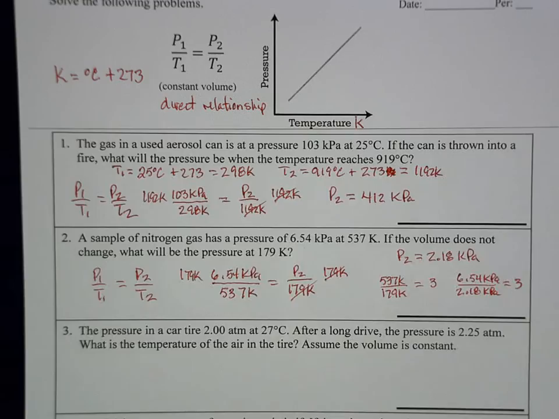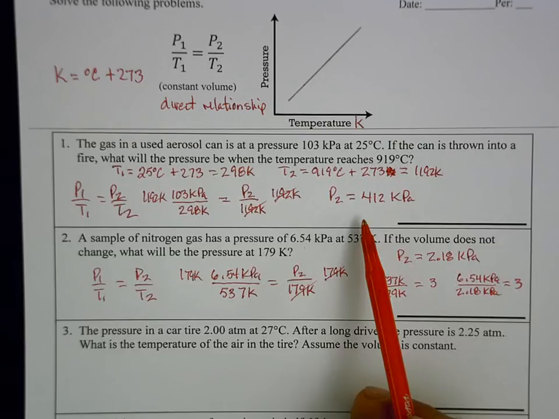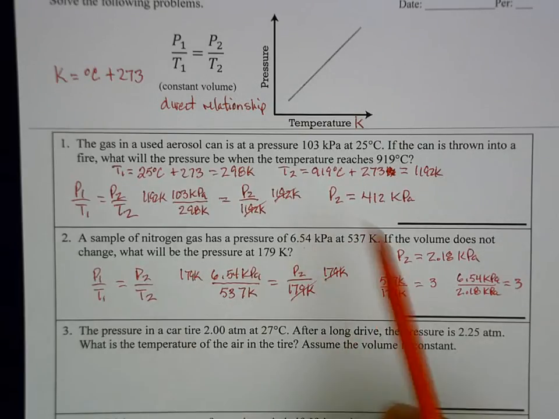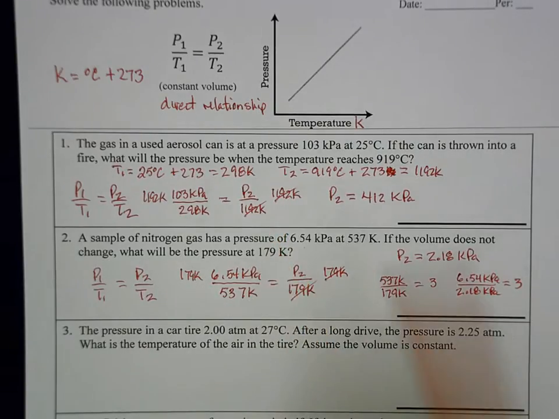They go the same proportion. So if one drops down by 2/3, the other one dropped down by 2/3, as long as I'm in Kelvin. That's the key. Whereas in the previous example, I increased nearly 40 times, but the pressure did not go up 40 times because I had to make that switch from Celsius. So it doesn't really work in Celsius exactly. Yes, it goes up or it goes down, but not exactly. Whereas if I'm in Kelvin, 3 times for both of them.